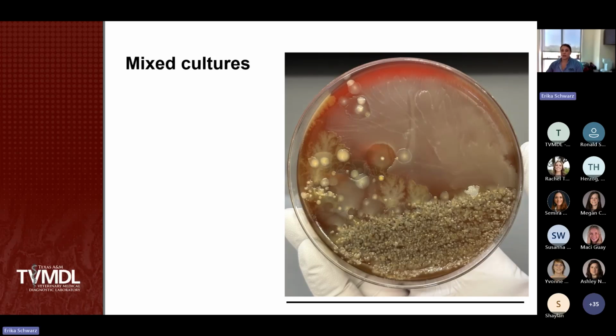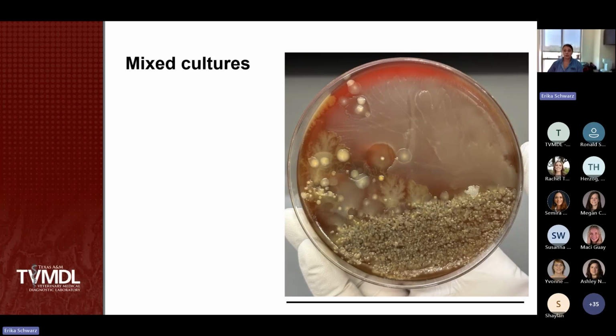The bottom line is that cultures with heavy growth of mixed populations may take a significant amount of time to be able to sort out what we're looking for. So if you know what some of the differentials are, we might be able to home in on a specific colony, and we can speed that culture up a little bit. But ultimately the utility of describing every single bacteria in a heavy mixed population is generally going to be limited.